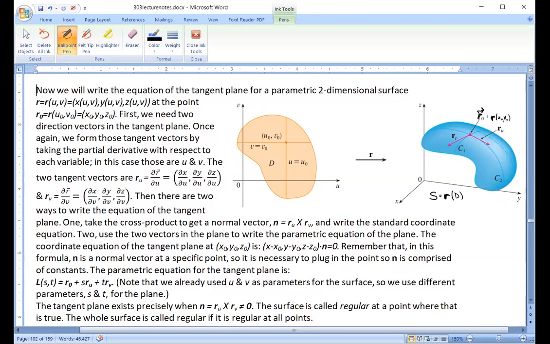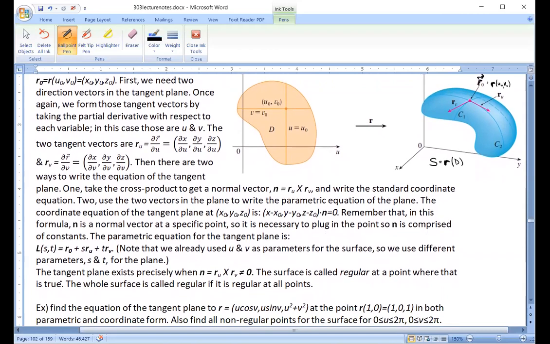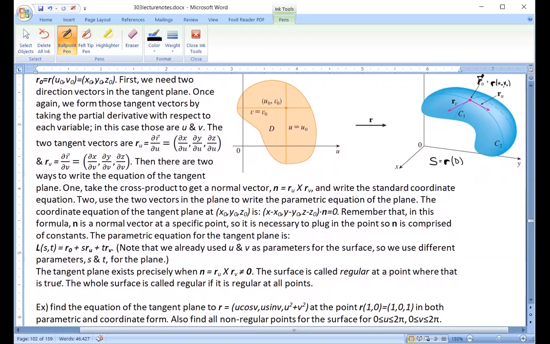Now let's do a calculation for a specific problem. So here's the question. Find the equation of the tangent plane to this surface written parametrically, R equals (u cos v, u sin v, u squared plus v squared), at this point.